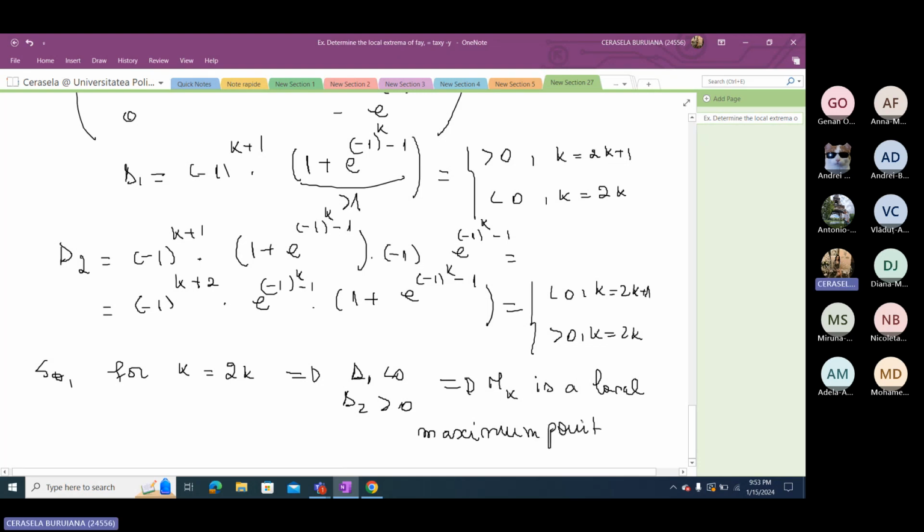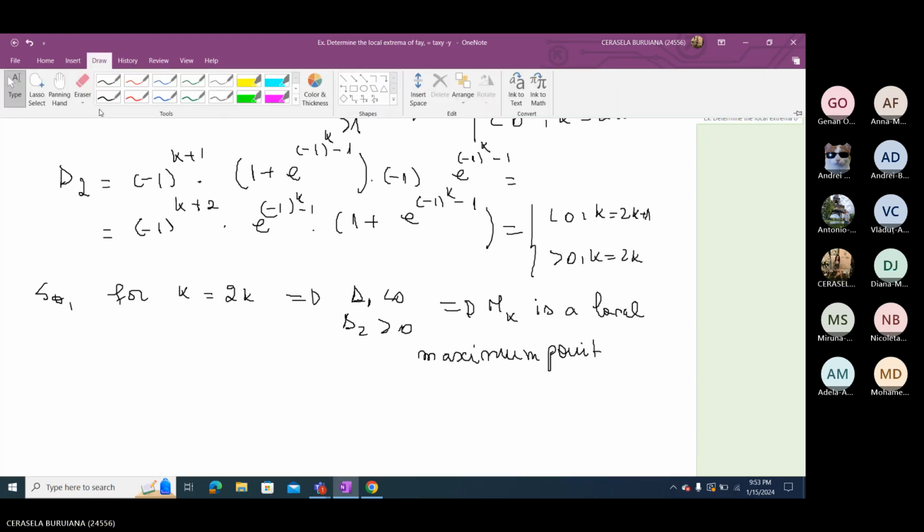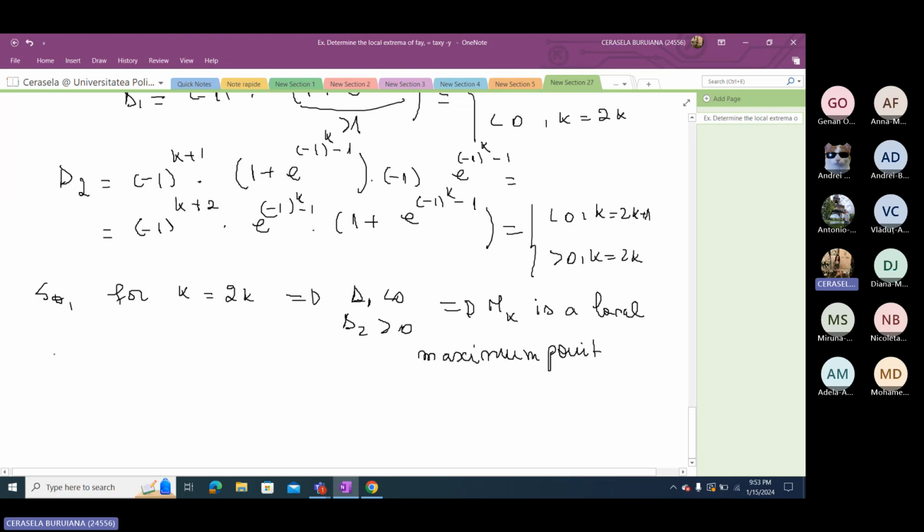Good. When k is odd, the situation changes. For k odd, we get delta 1 negative, delta 2... Sorry, it's the opposite, isn't it?